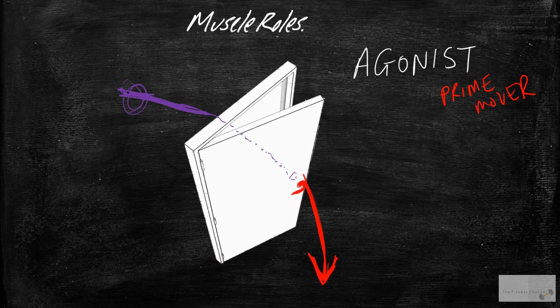If it provided tension, if it pulled, they'd be fighting against each other and the door would never move, and that wouldn't be a very efficient movement. So the muscle which is on the opposite side of the lever, which relaxes, is called the antagonist. The antagonist has to relax to allow the agonist to perform the move. So you've got your antagonist on the opposite side.